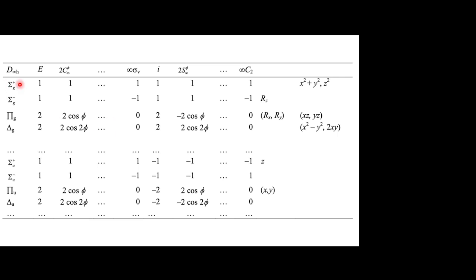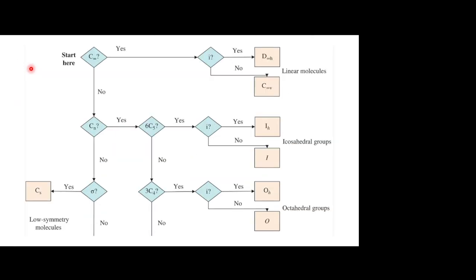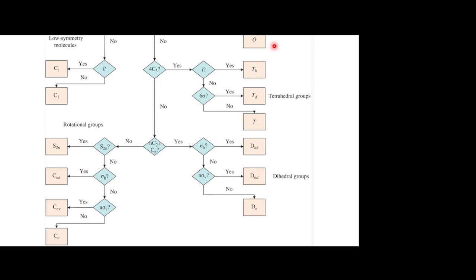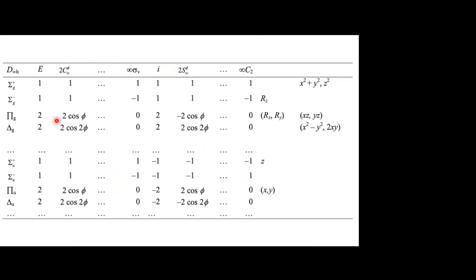So this is actually the D infinity h right here that corresponds to that. That's the character table here. Everybody okay with that so far? Okay. So which ones are Raman active again? Which ones are IR active? Linear ones. Okay, yep.